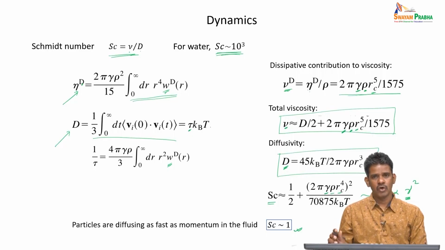So there is hope to improve by systematically changing the parameters so as to match the experimental Schmidt number and the DPD Schmidt number, so that the dynamics is also captured. But in general, one would not use DPD simulation for dynamical properties. It is usually used for predicting phase behavior or calculating equilibrium properties.